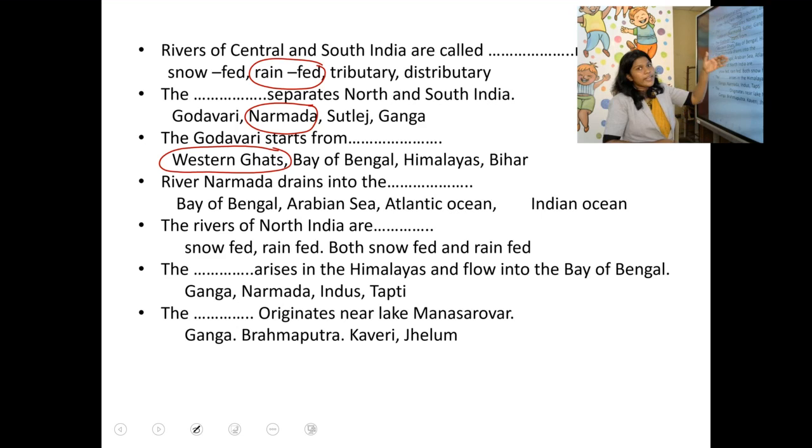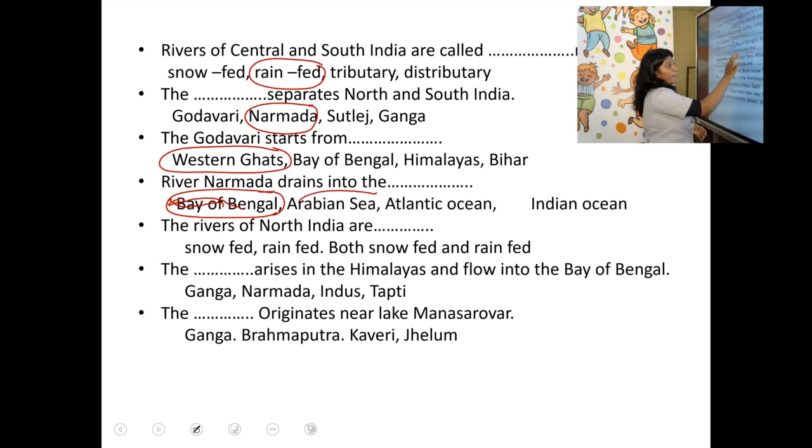And the river Narmada drains into, where does the river Narmada drain? It is in the Bay of Bengal. Sorry, the river Narmada drains into the Arabian Sea.